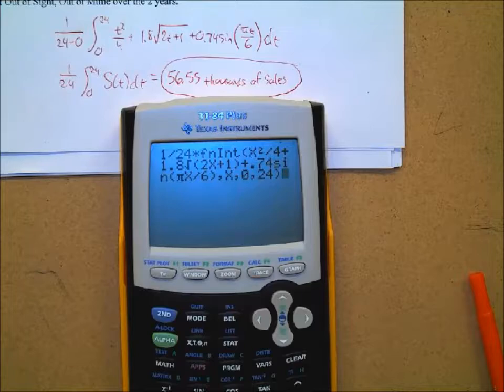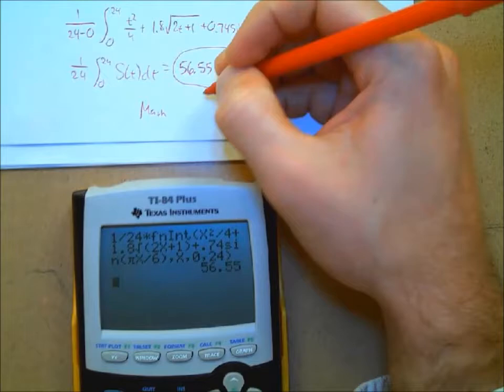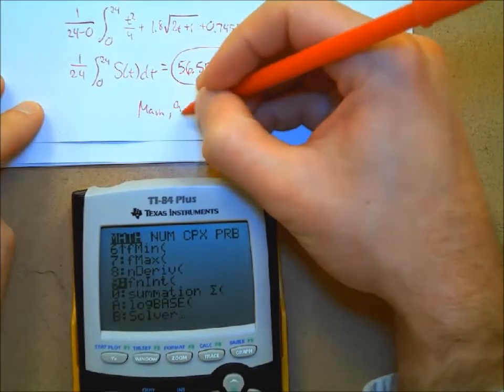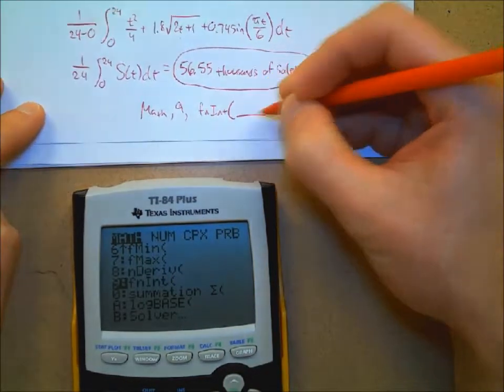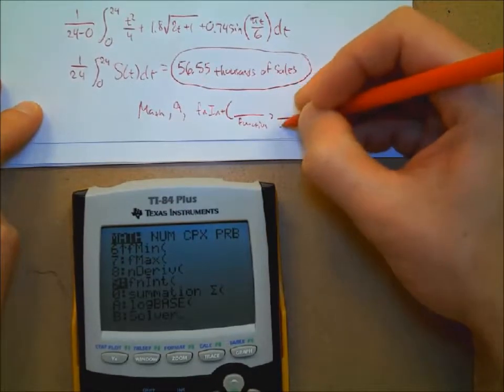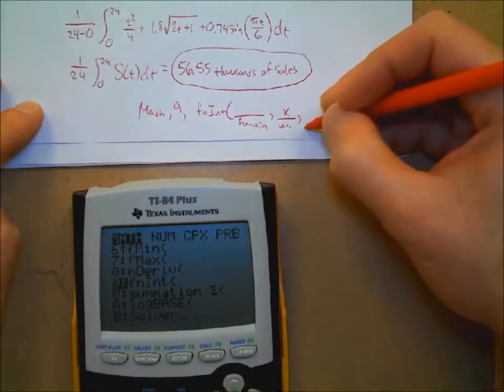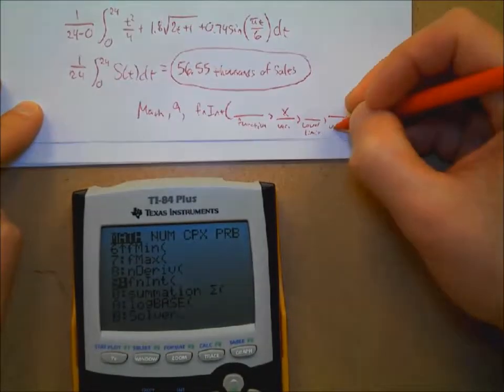And now if you hit enter, oh, I hope I didn't make a mistake. There it is, 56.55. Okay? So again, for those of you with older calculators, it's math, oh gosh, I forget, math 9, okay, and then fnInt of the function, comma, variable, so x there, comma, lower limit, comma, upper limit.